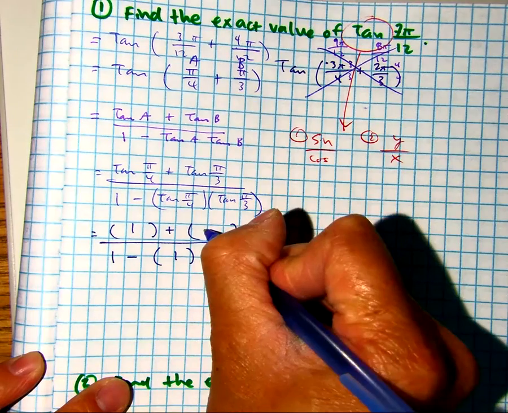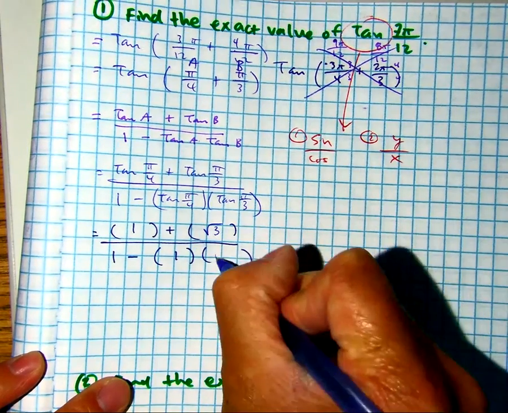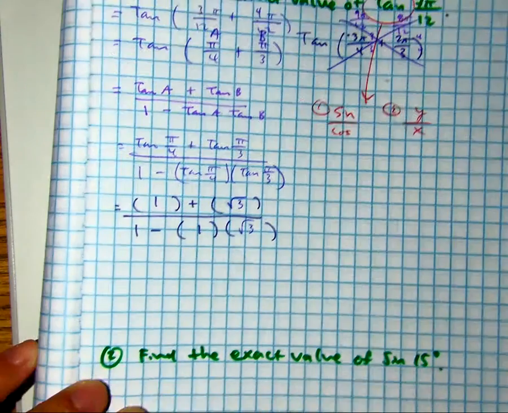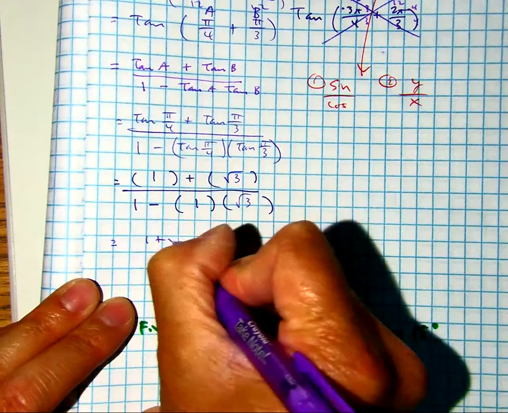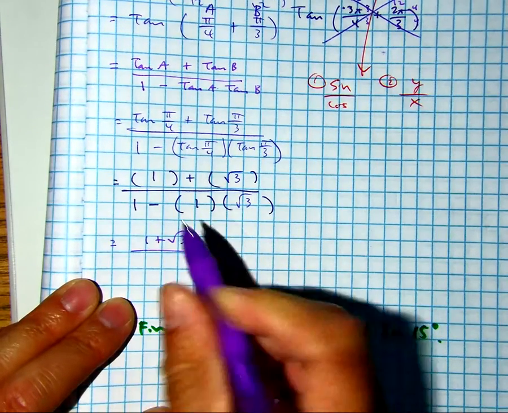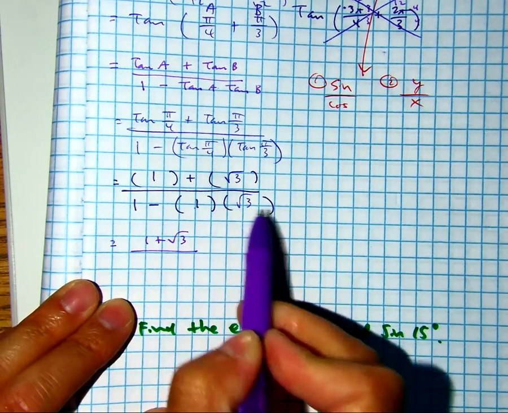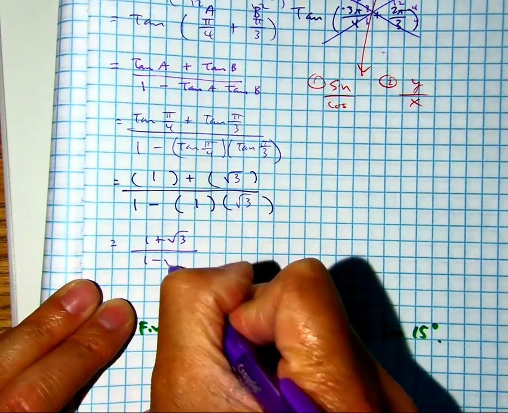Radical 3 is correct. So now we have 1 plus radical 3 over 1 times radical 3 is just radical 3, so you have 1 minus radical 3.